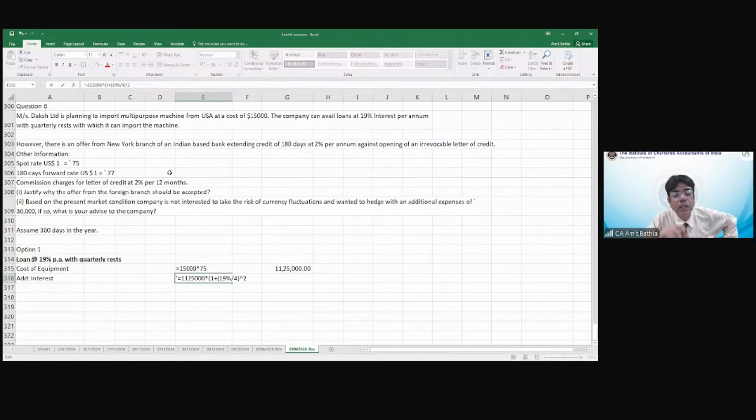However, in this calculation, there is one challenge which is going to happen. And what is that challenge? You can see over here, I have already added the principal also over here. So I will need to subtract that. I want only the interest component.